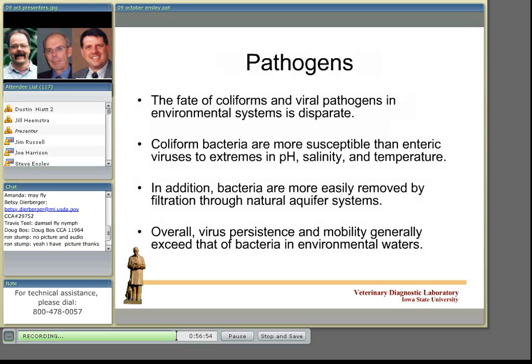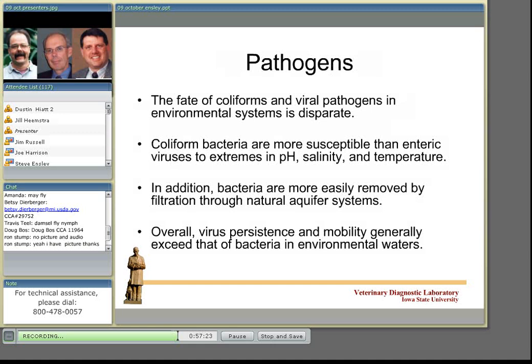So we can say that the fate of the coliforms and the bovine viruses that we looked at in the environment need to be thought of as separate, because the coliforms themselves are more susceptible than the enteric viruses we looked at to extremes in pH, salinity, or temperature.